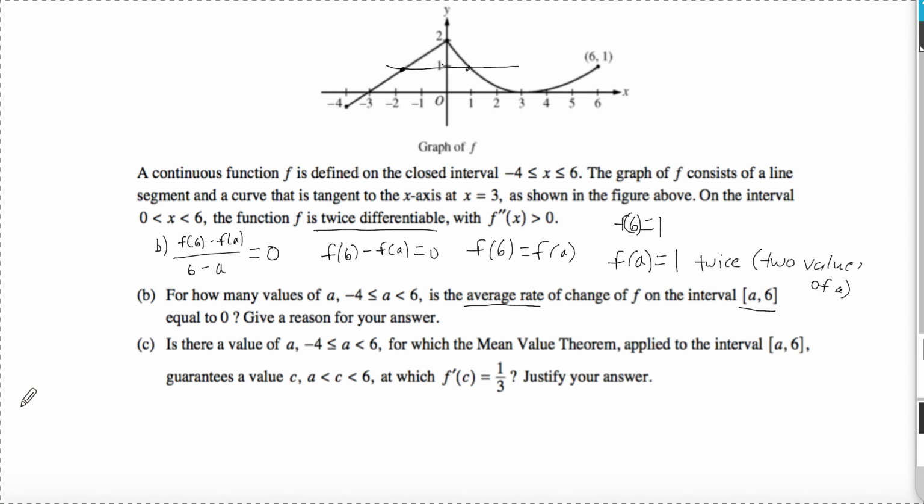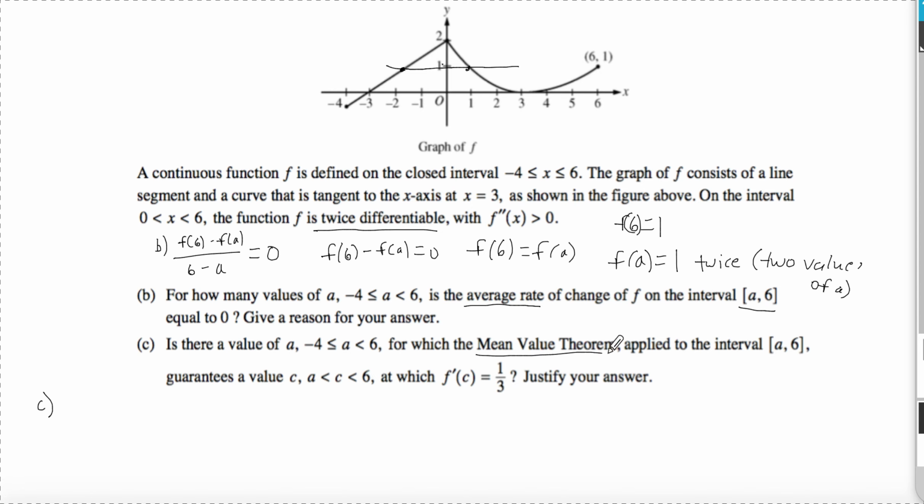So let's take a look at part C. Hopefully I can cram it in down here. Part C. Is there a value of a on that interval for which the mean value theorem applied to the interval guarantees a value c somewhere between a and 6, such that the derivative is 1/3?